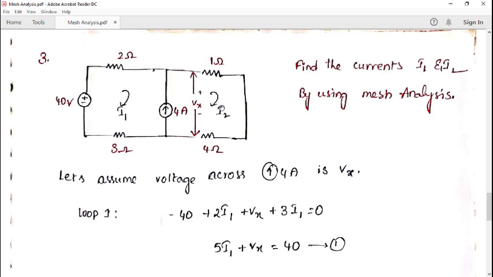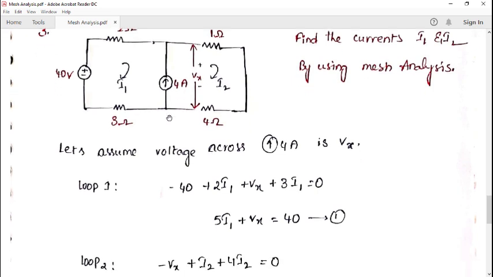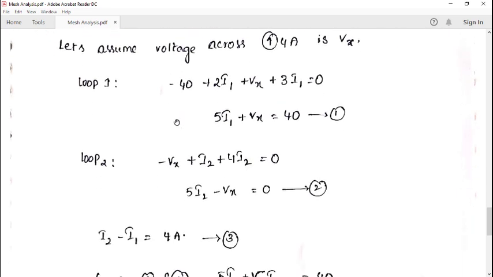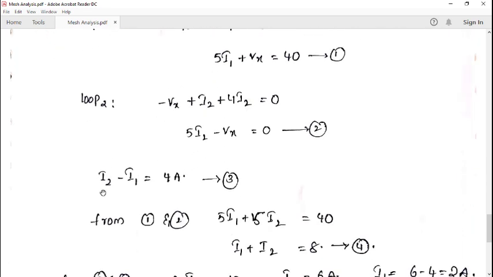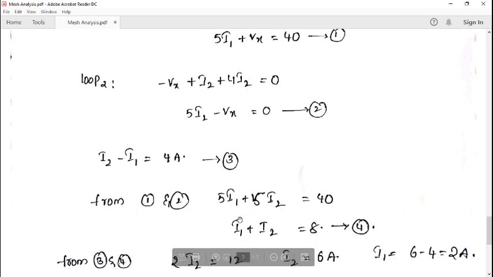So difference of I2 minus I1, 4 ampere moving upwards. So greater value is I2, so that only this 4 ampere is flowing in upward direction. So let us write that equation also. I2 minus I1 equal to 4 ampere. That is third equation. From equations 1 and 2, we can write it as I1 plus I2 equal to 8.